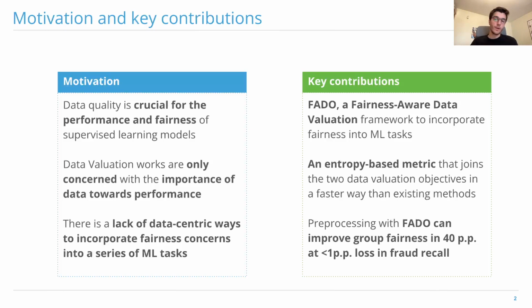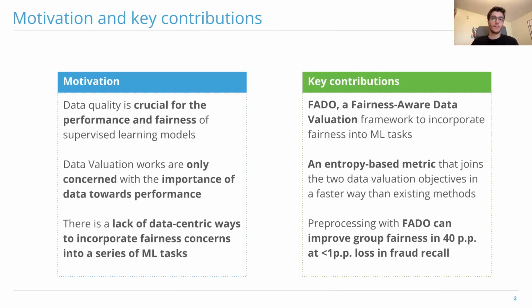So we introduce a framework, fairness-aware data valuation, that allows us to incorporate those two objectives into data valuation. We introduce an entropy-based metric that joins the two objectives and allows us to compute instance importance in a much faster way than existing methods.